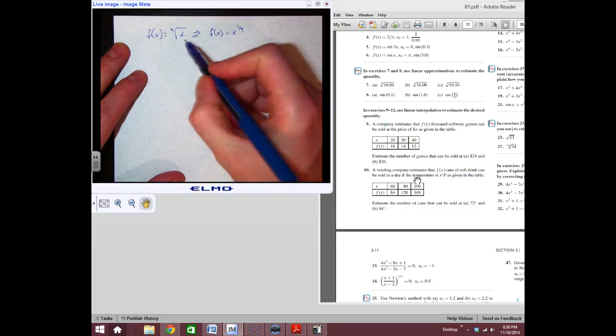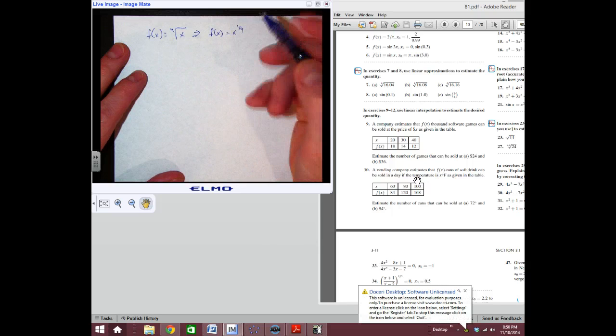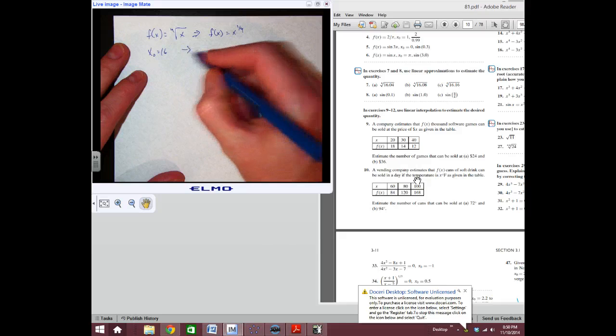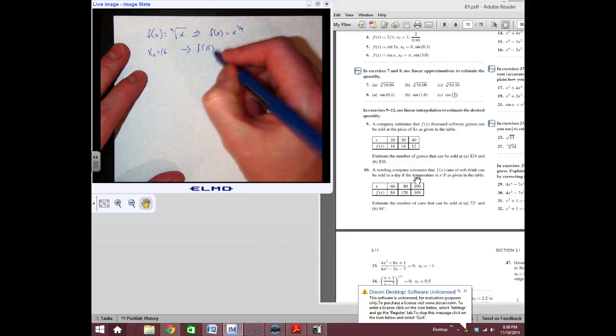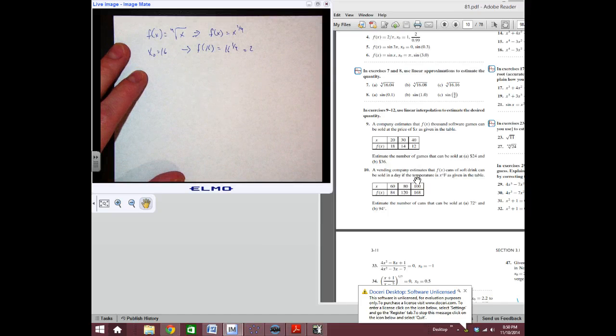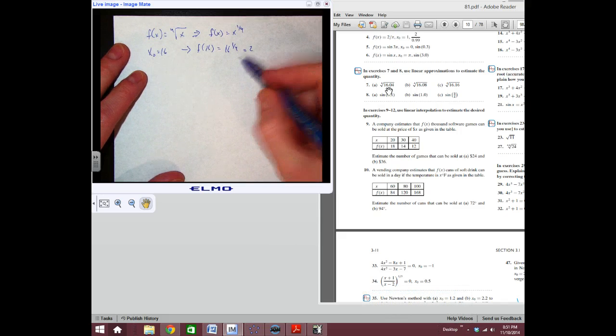Since I'm doing the fourth root of x, I want to find something that has a fourth root close to it, 16. So our x naught is going to be 16, because the fourth root of 16 is 2. So that's an easy value for us to use to approximate the fourth root of 16.04.